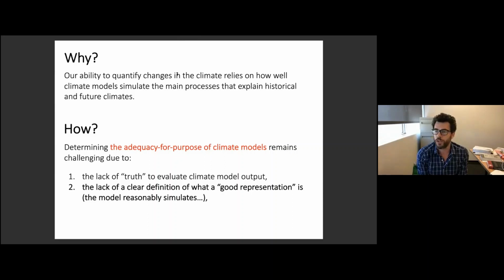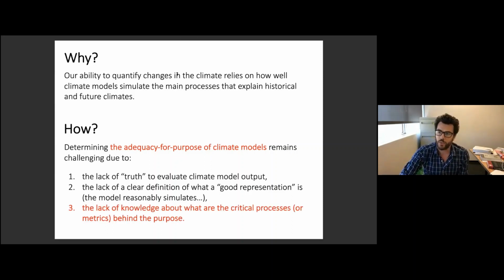Many of us have probably already written in a paper, the model simulates something reasonably well. And this reasonably well is quite arbitrary, and it depends on what I think is reasonable. Maybe someone else might disagree on what's reasonable. So there are clearly some issues with that too.